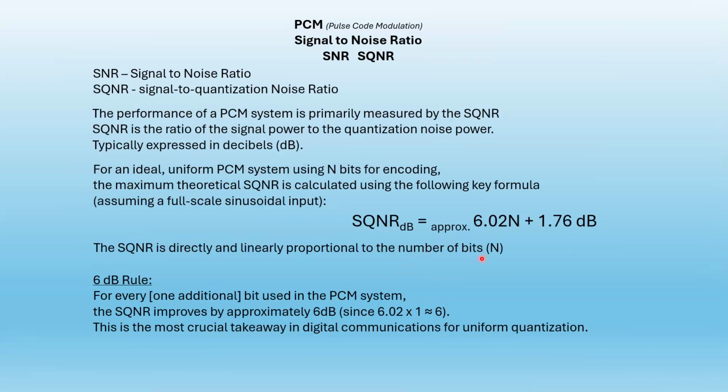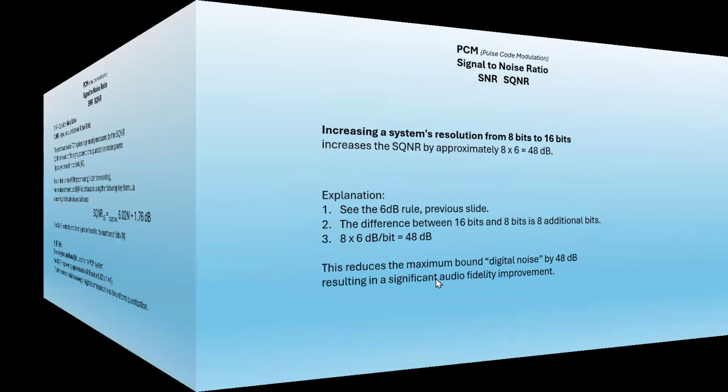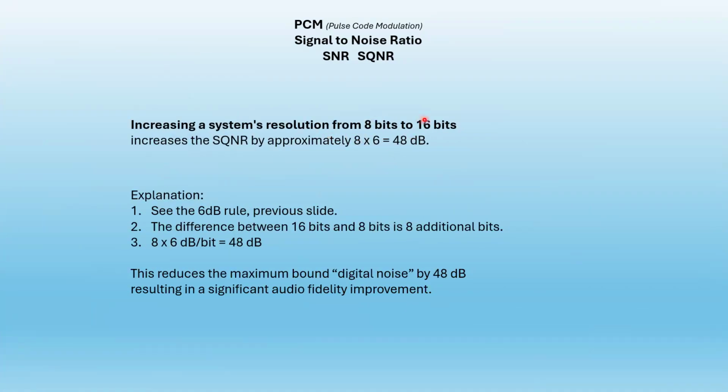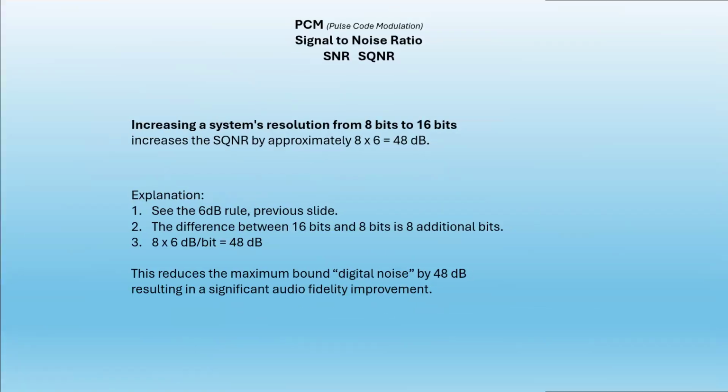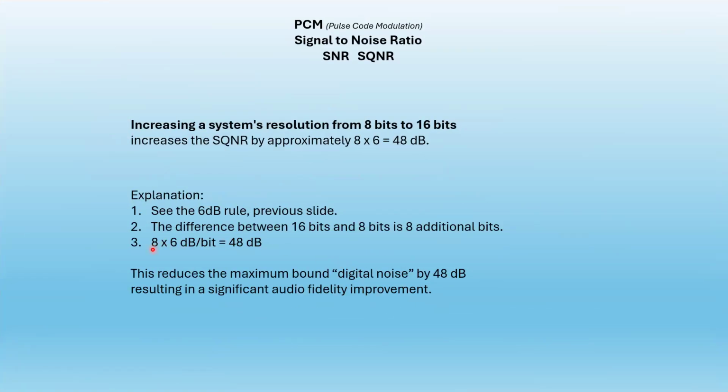Adding 1 bit gives us an improvement of 6 decibels. Adding 8 bits, because from 8 to 16, we're adding 8 more bits. Simple formula. See the 6 dB rule? All right. So 8 times 6 dB per bit gives us 48 decibels.